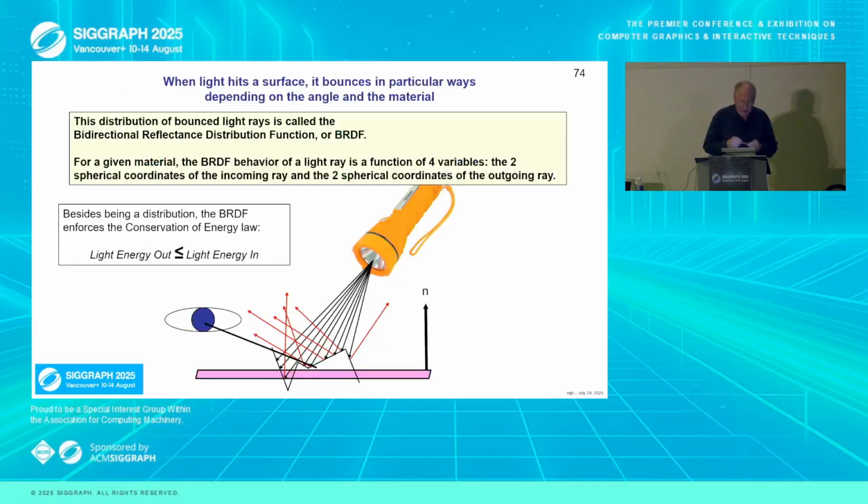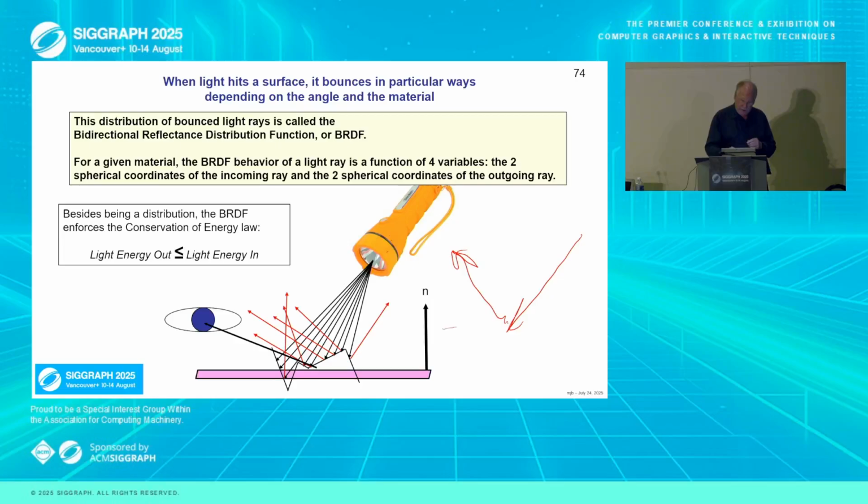Now, how do you actually do this? Well, when light hits a certain surface, it doesn't do angle of incidence equals angle of reflection, like we all learn in physics class. Depending on the material that the light hits, it will bounce out in some sort of pattern.